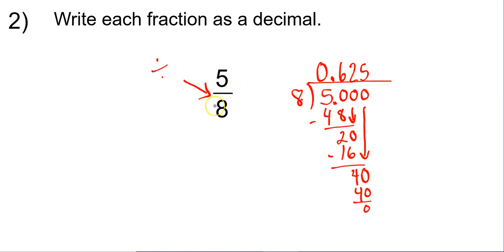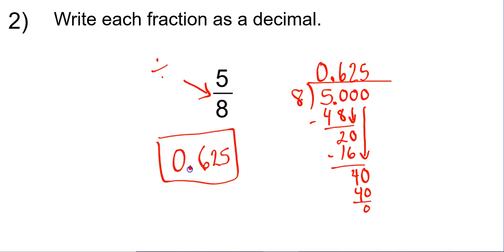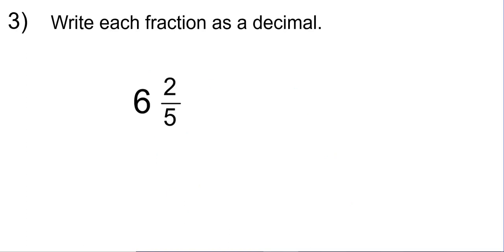So our answer for 5/8 equals 625 thousandths is the word form, or you could say decimal 625, or 0.625. I believe Canvas will take decimal 625, and I know for sure it will take 0.625.